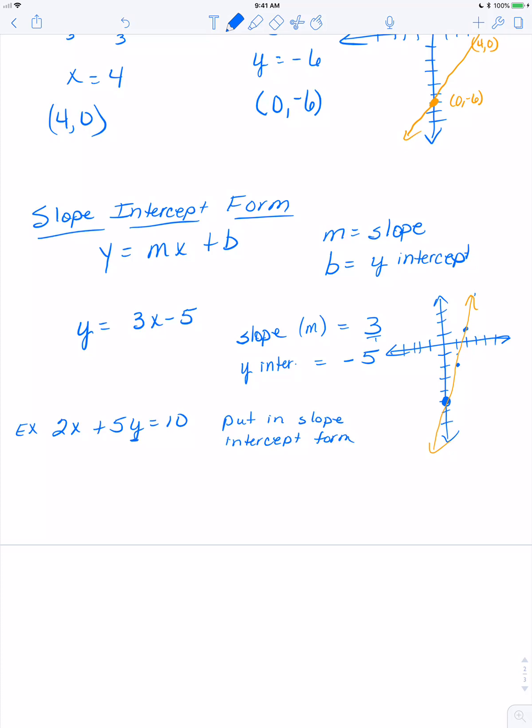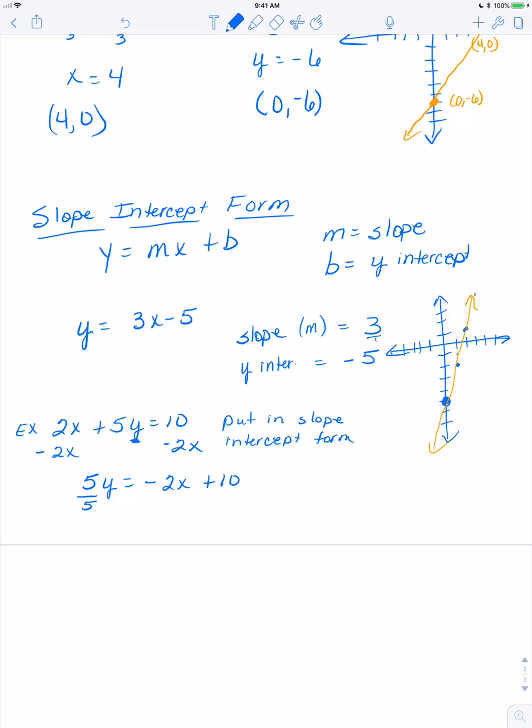Well, we want this y all by itself. So the first thing we're going to do is take the 2x and put it over there. So remember, you can only add and subtract like terms. We have a 10 and then a -2x. They are not like terms. So you want to list them separately.